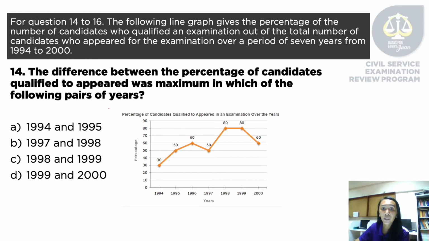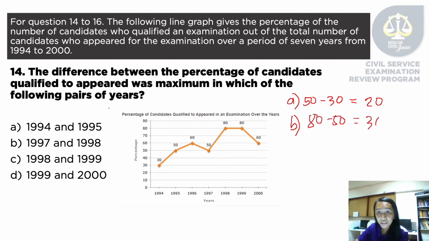Okay, so let's start with 1994 and 1995. For option A, 1995 is 50, 1994 is 30, so 50 minus 30, my difference is 20. For letter B, 1998 is 80 and 1997 is 50, so 80 minus 50, I have 30.